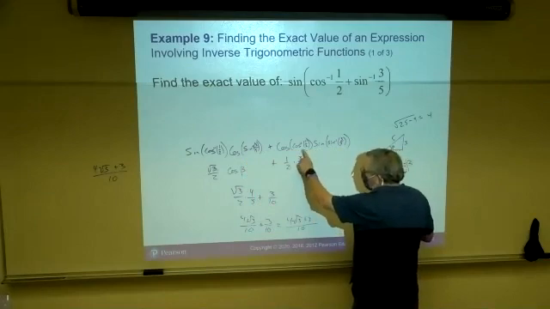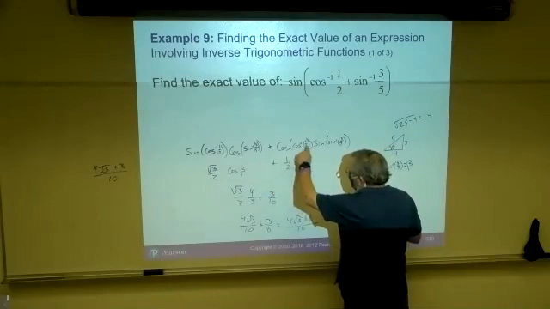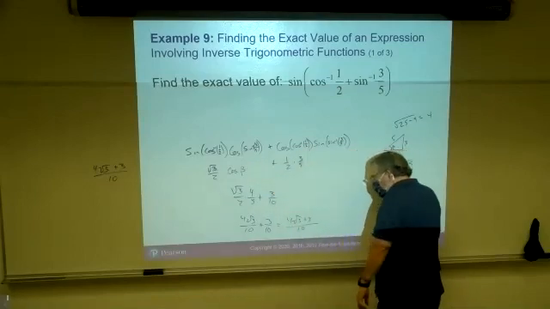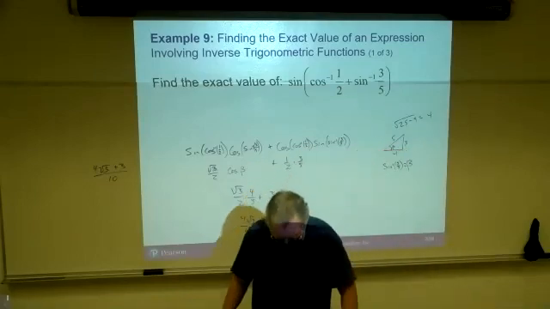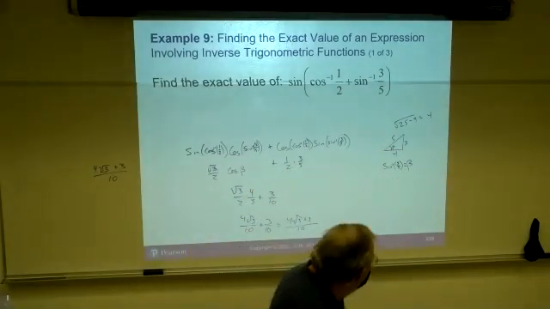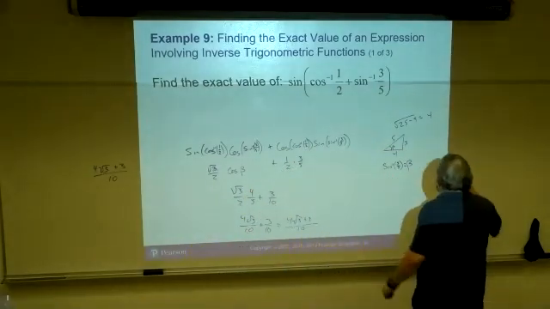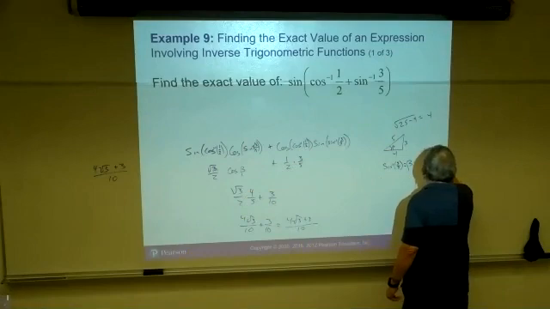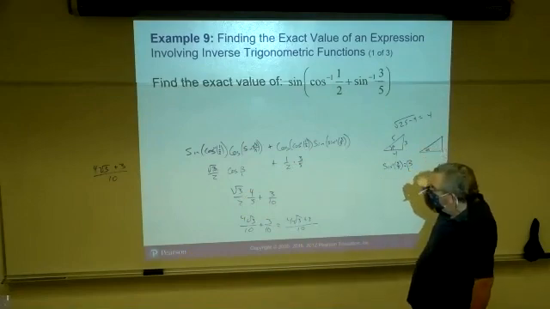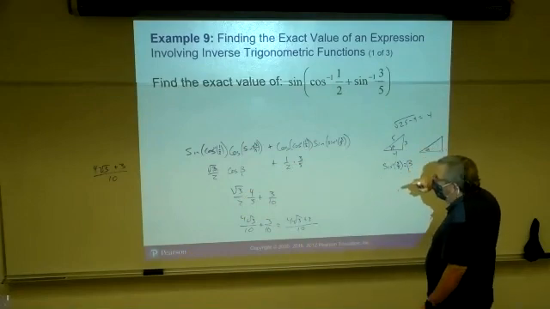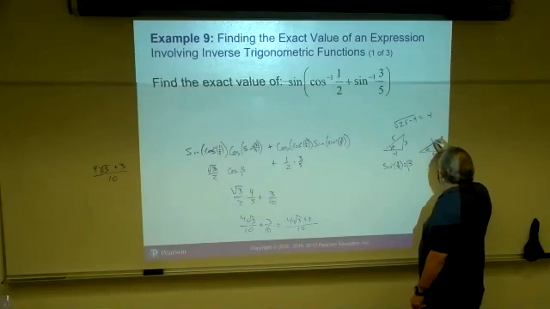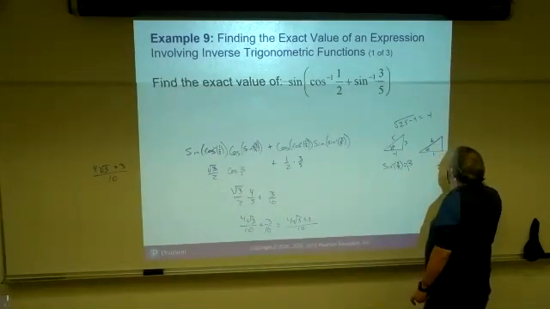And I could have done something similar with the 1/2 and made another triangle. As a matter of fact, that's probably what they do. We're going to call this alpha here. So cosine is adjacent over hypotenuse.